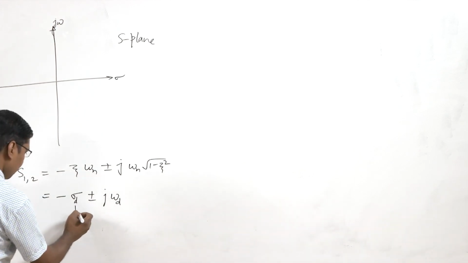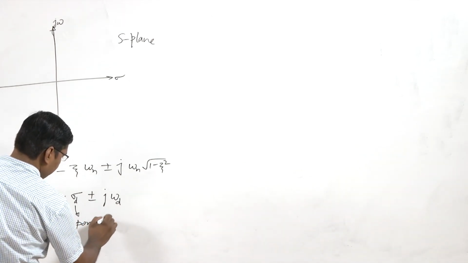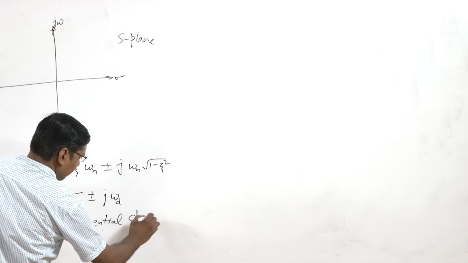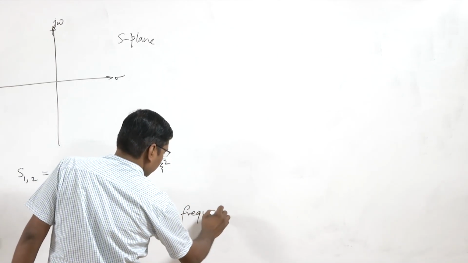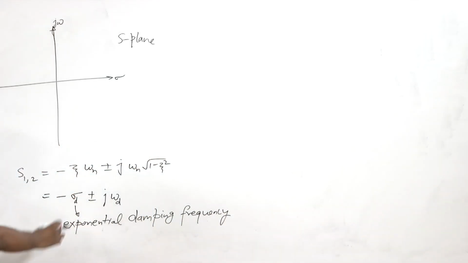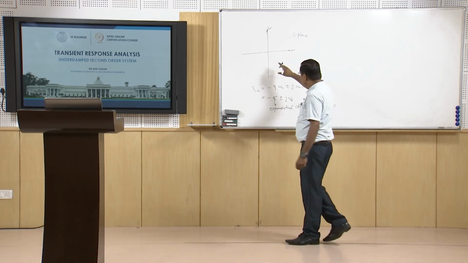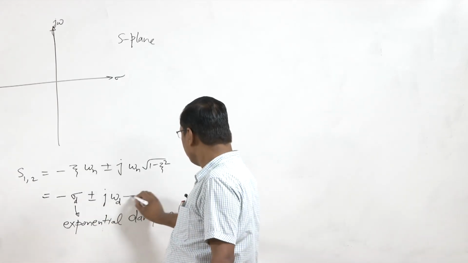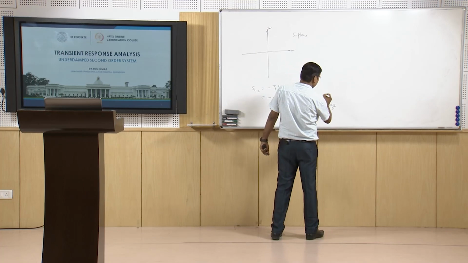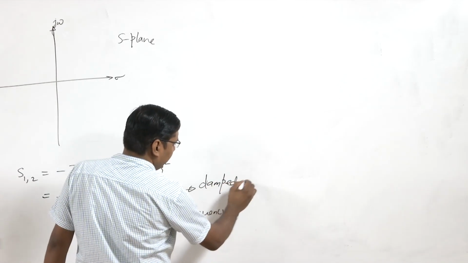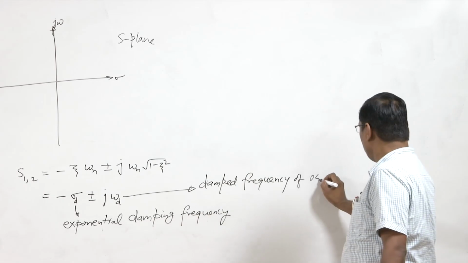And so sigma d is called the exponential damping frequency, because it decides the exponential decay of the amplitude of the response, and omega d is called the damped frequency of oscillation.